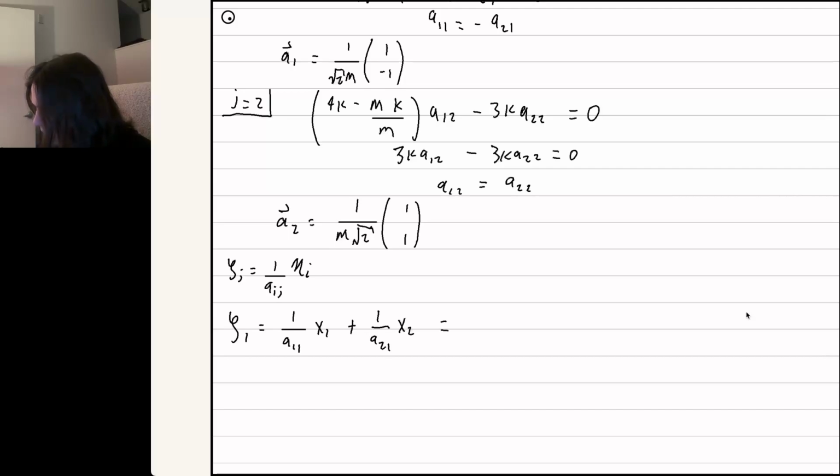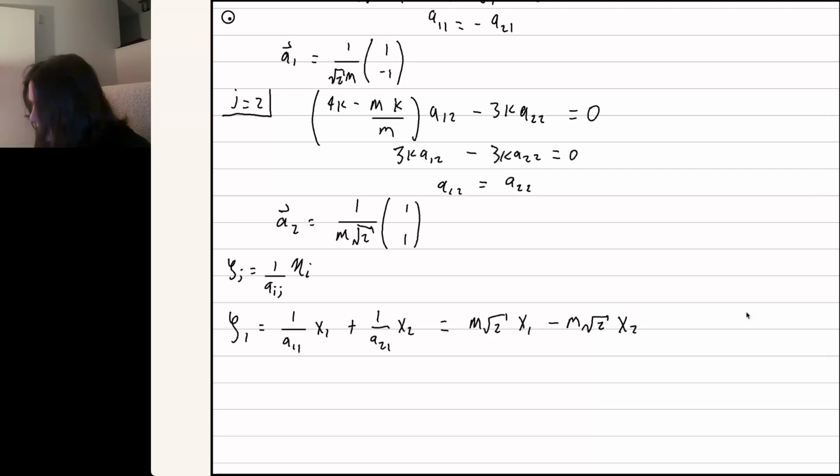So we'll have positive m root 2 x1 plus or minus m over m root 2 x2.